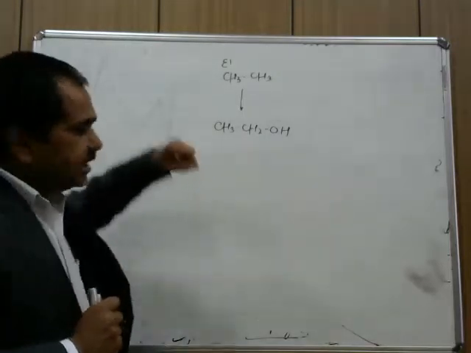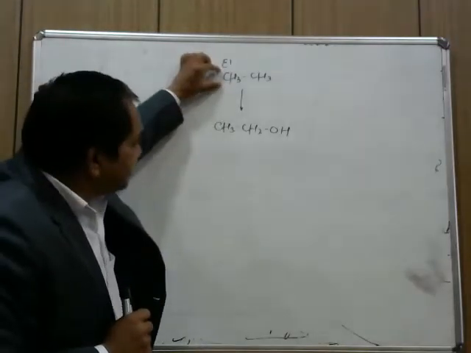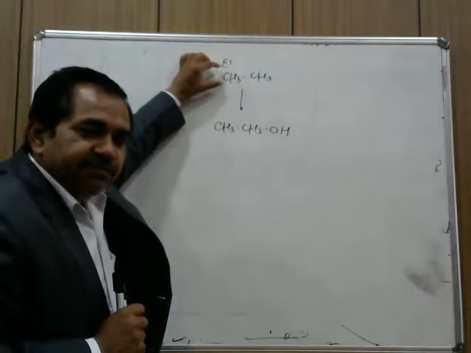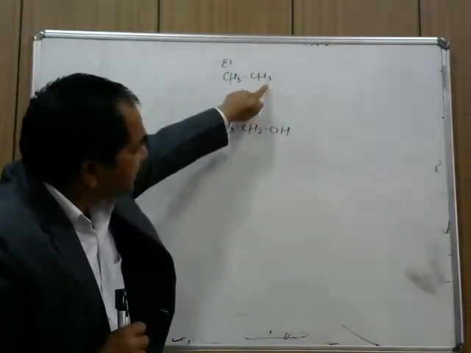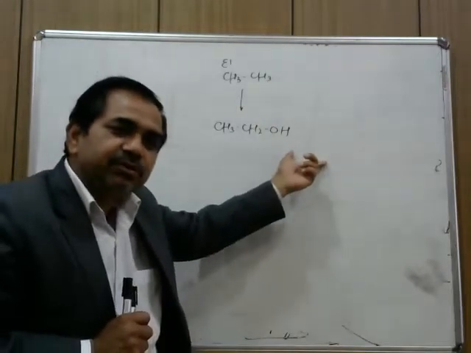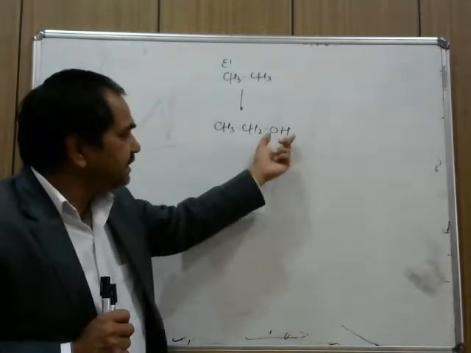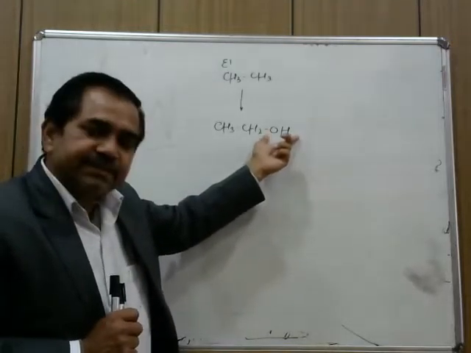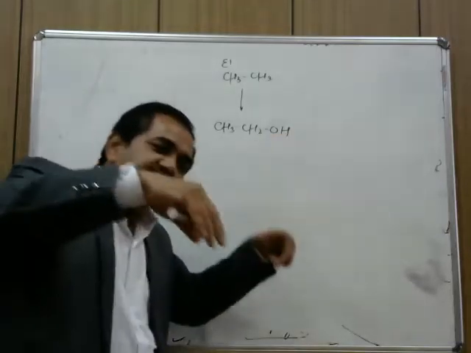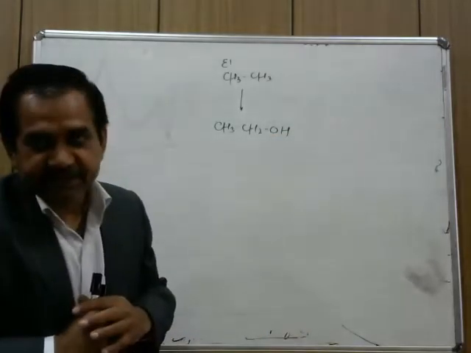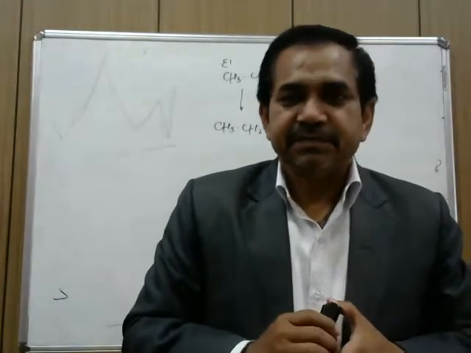So while we are naming this compound ethanol, we presume that it was basically this ethane, and from ethane it has come to this form by replacement of one hydrogen here by this OH group. So we write the name ethane and we add this part by a suffix ol. So the name ethanol is obtained. That is the meaning of substitutive nomenclature.